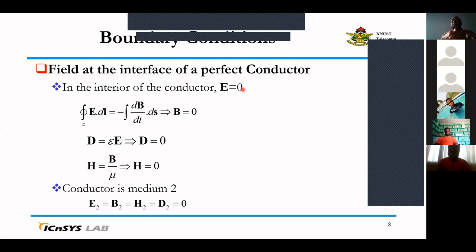This electric field cancels the other electric field, so that inside the conductor, the electric field is zero. So the electric field intensity inside the interior of the conductor is zero.